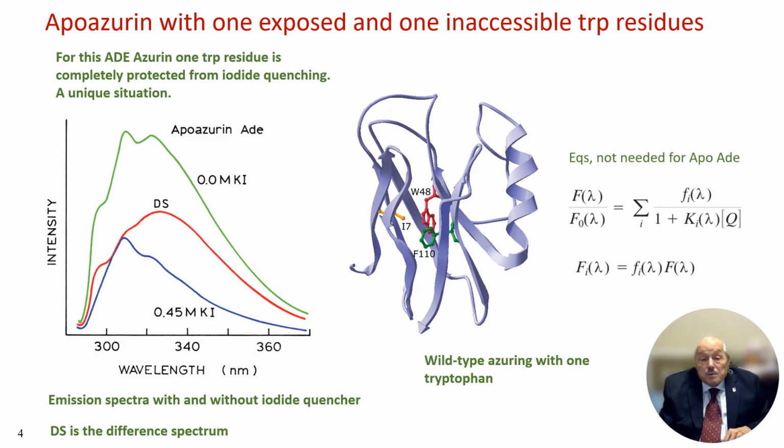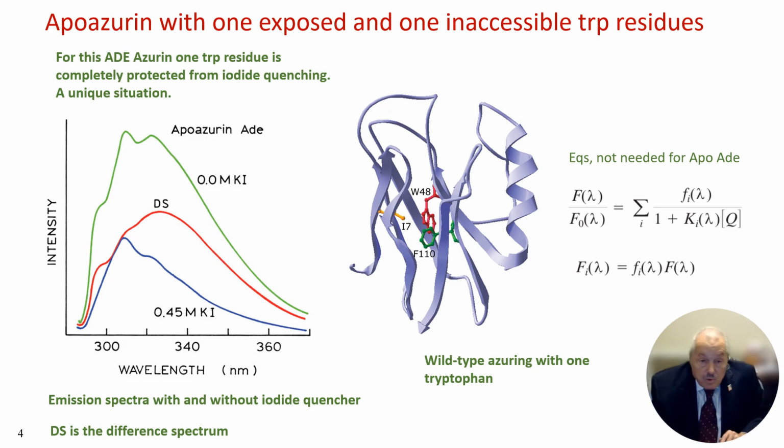There's a very easy example. The later ones will be more difficult, but the easy one to present is the one for apoazurin. There are multiple azurins. The one that's most used is the one with one tryptophan residue, which is the one shown here. But the data that we have is for an azurin that has two tryptophan residues.